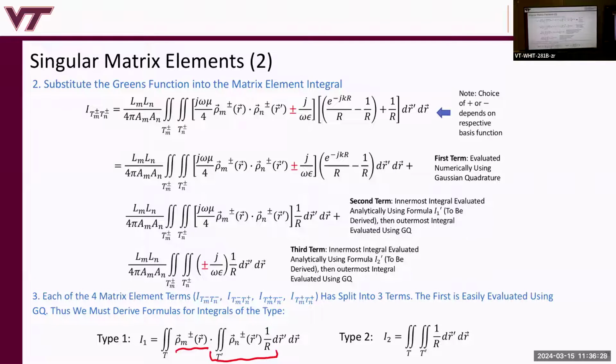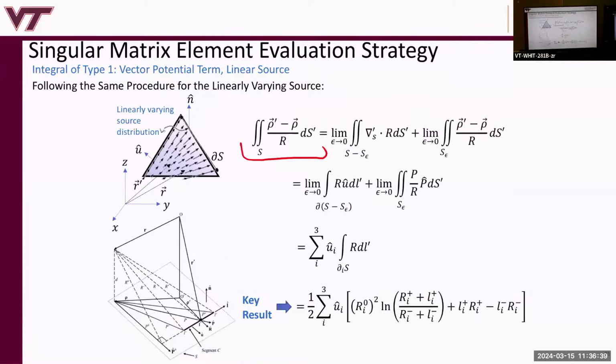What I'm going to say about this is just the inner integral first, so it's just the rho n. But we're going to rewrite rho n in terms of rho prime minus rho. I'll show you why and how we do that. For now, let's just evaluate this integral and then we'll relate it back to the one that we need to solve.